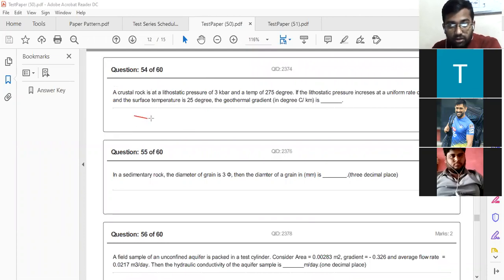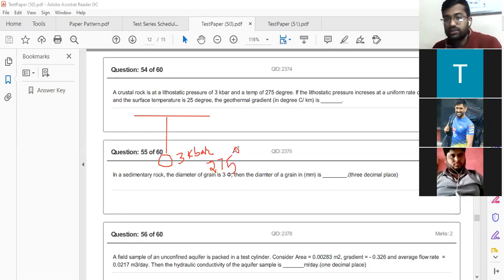A crustal rock is at lithostatic pressure of 3 kilobar. So let's say you have one rock here, under 3 kilobar pressure, and at a temperature of 275 degrees.